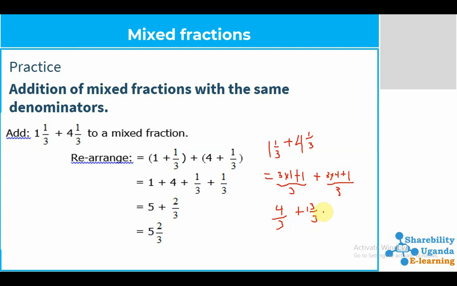So you can see here we have been able to get our answer: 4 out of 3, then 13 out of 3. So we shall add and say 4 plus 13.